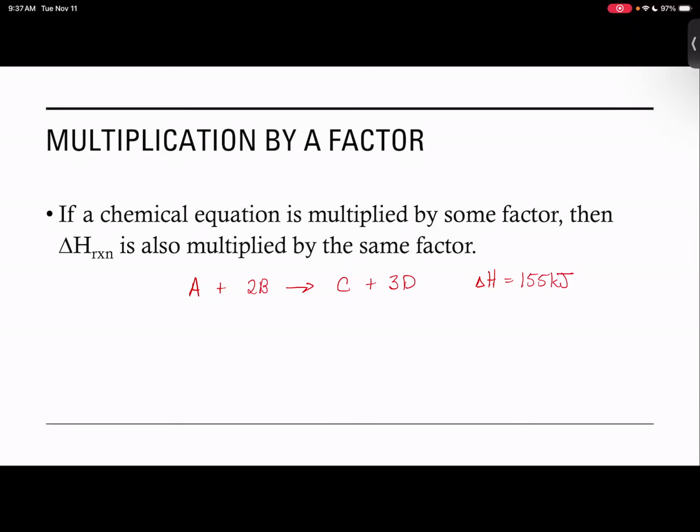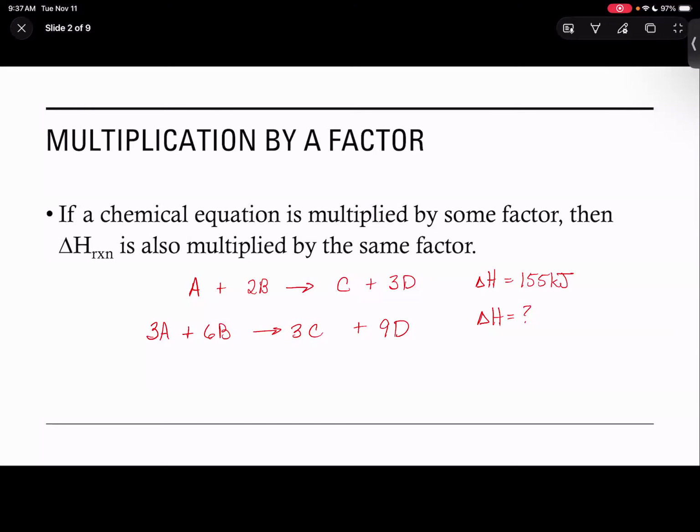Now, according to this relationship that I just described, if we say, okay, instead of 1A, we're going to have 3A plus 6B going to form 3C plus 9D. The question is, what is the delta H for this reaction?